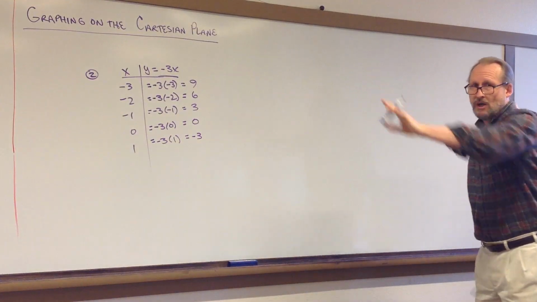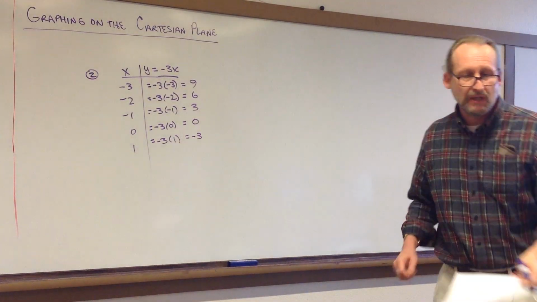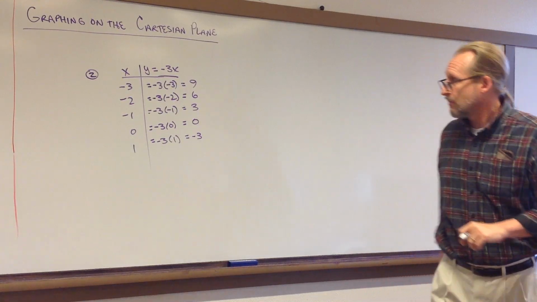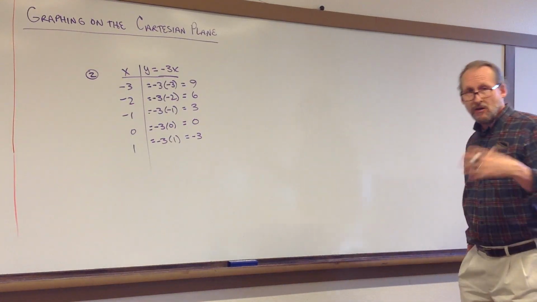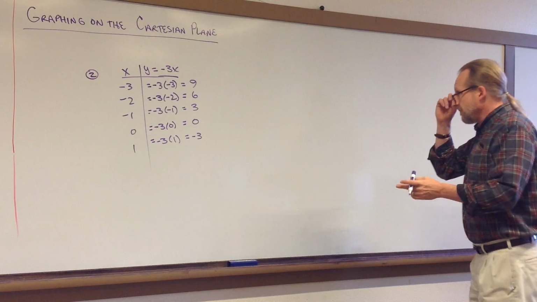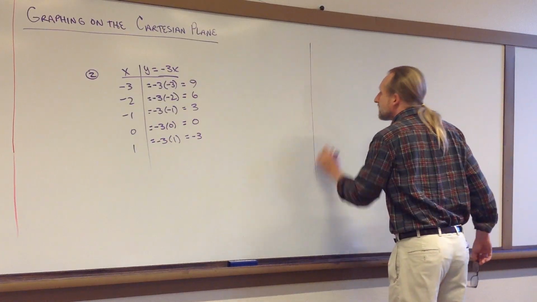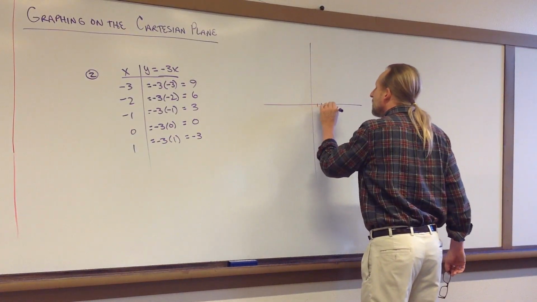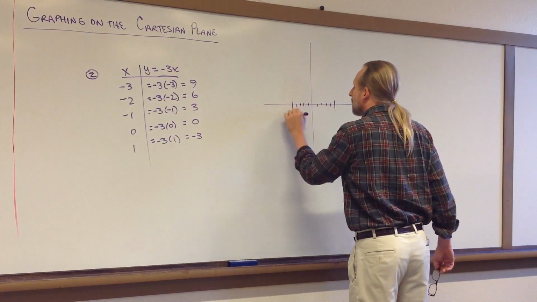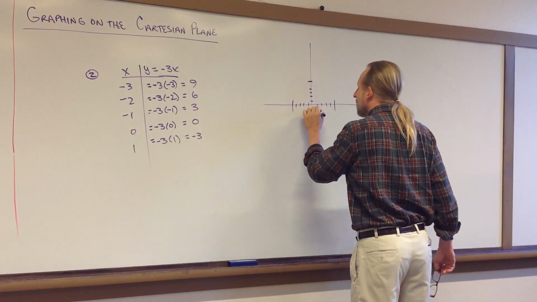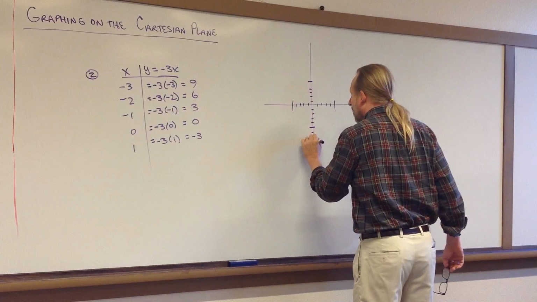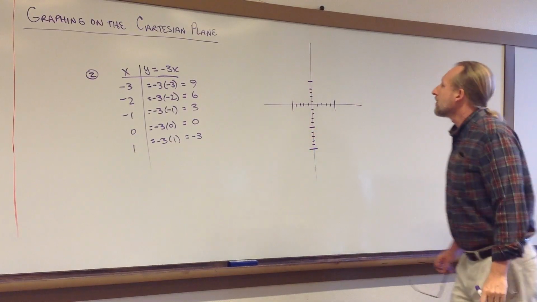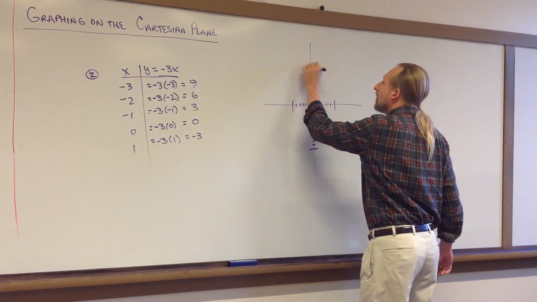Now that's all I'm asking for in this assignment, and that's all that you'll see when we come to the final exam. Now, if we look forward a little bit in Math 70, we take this an extra step and we put these on the coordinate axis. Okay, let's see here.